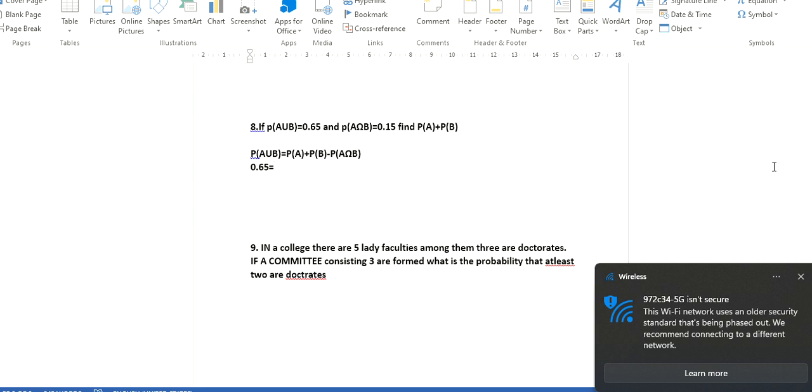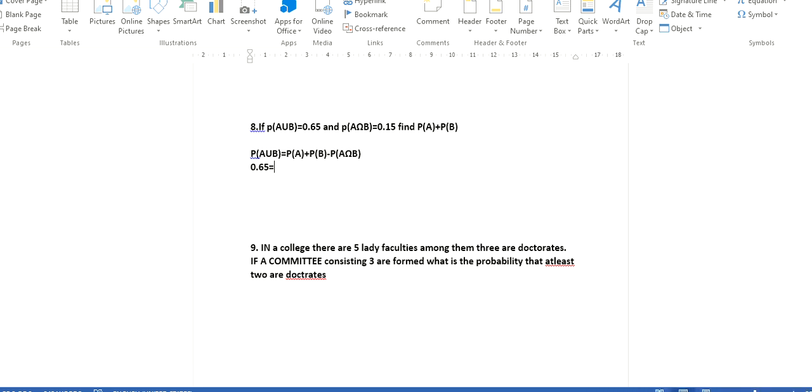So what is the probability of B? Probability of A union B is 0.65, and we have to find probability of B. So probability of A plus probability of B, minus probability of A intersection B, they have given as 0.15.